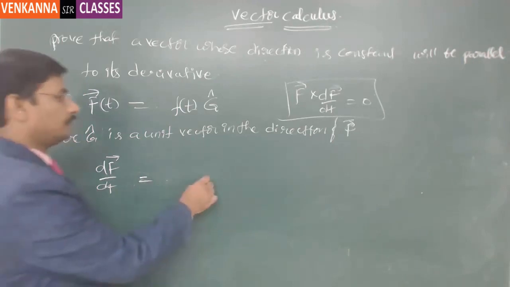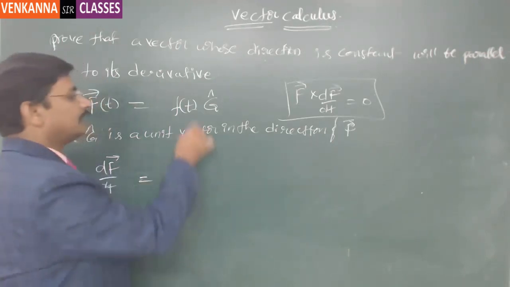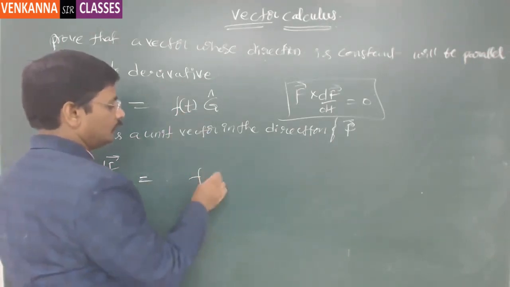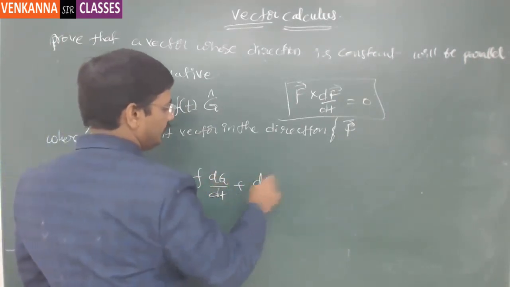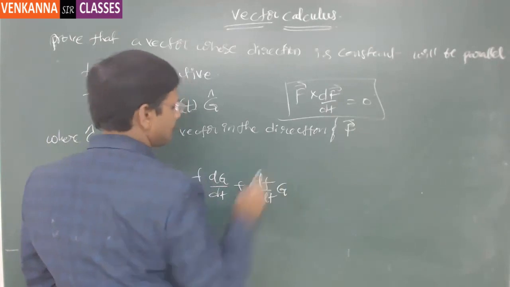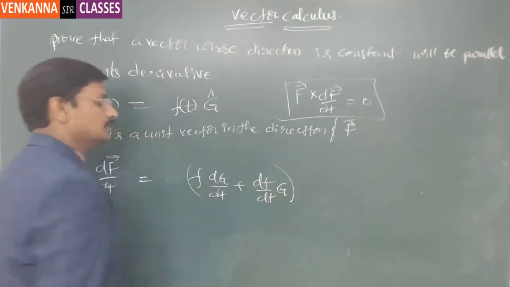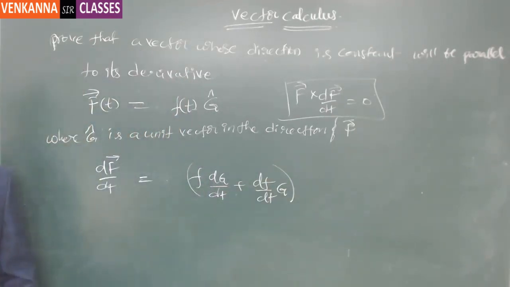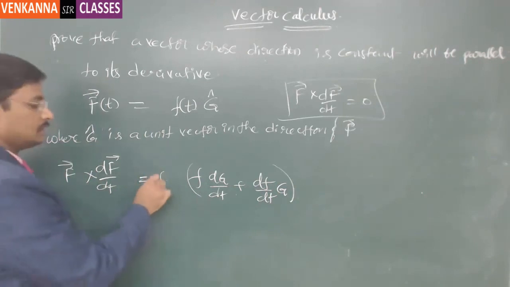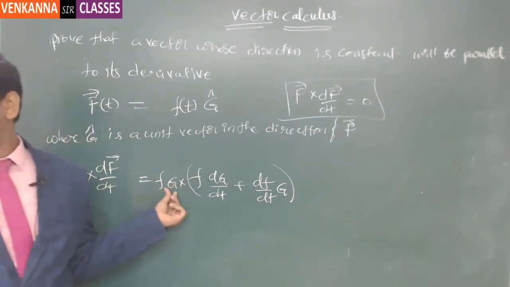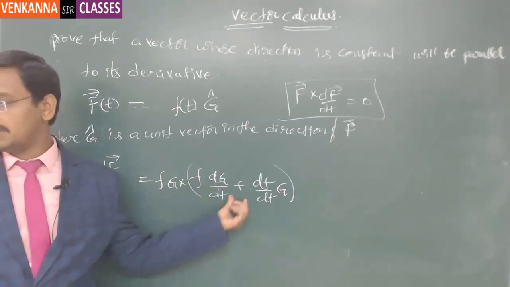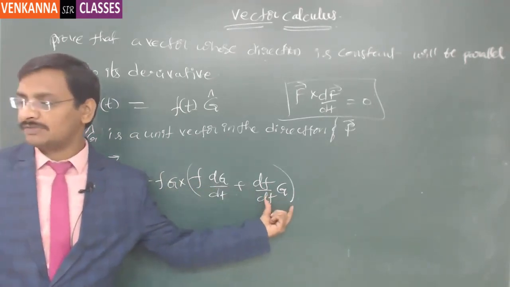Okay, so see this: df by dt is nothing but f into dg by dt plus df by dt into g, right? So this is the df by dt value. Now here, if you apply a cross product on this, then this is f into g cross (f into dg by dt plus df by dt times g).